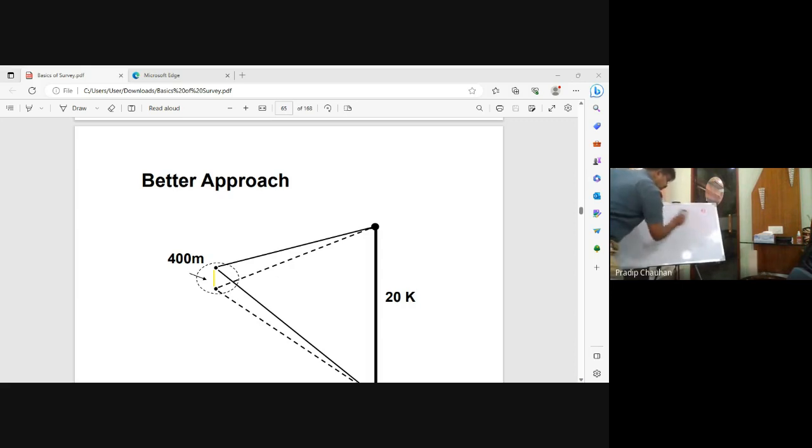So there is zoning of each, and those zones are like this. So these are all zones.